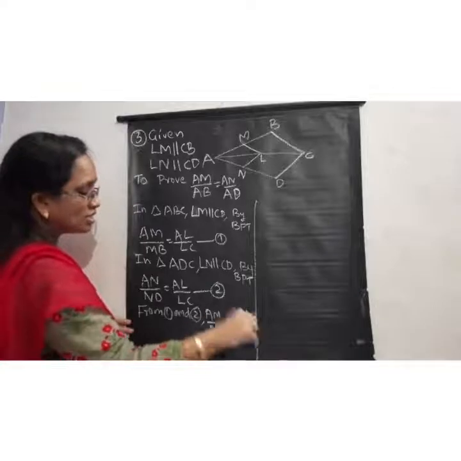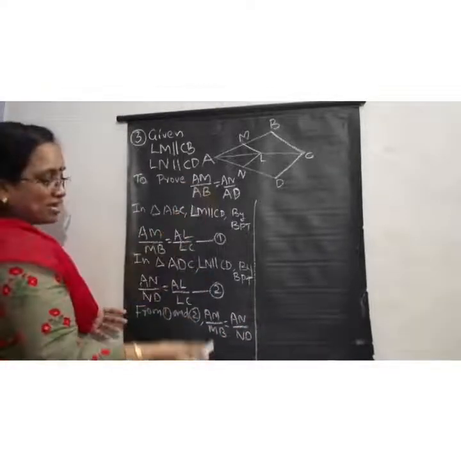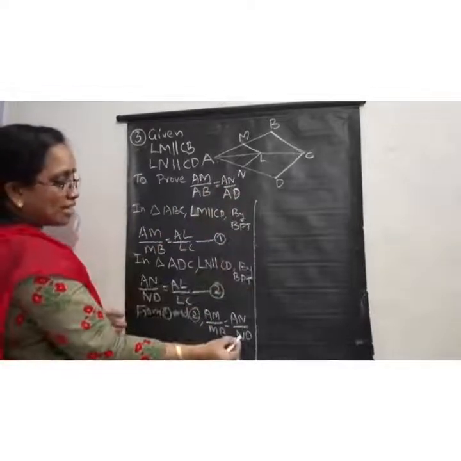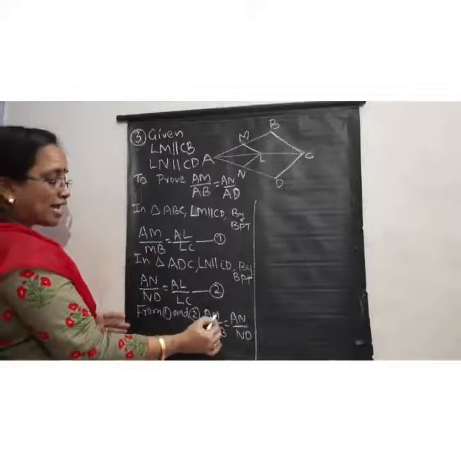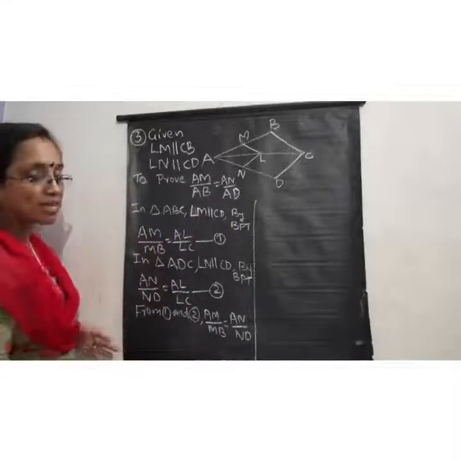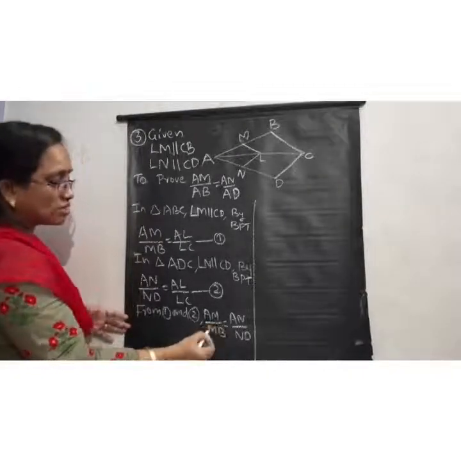But this is not what we are supposed to prove. We have to prove AM by AB equal to AN by AD, but here we have AM by MB and AN by ND. So we need AM and AN, but instead of MB and ND, we need AB and AD. For doing that, first you can take the reciprocal of this ratio.